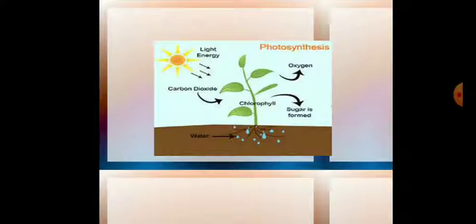The leaf also shows the following adaptations to carry out photosynthesis. First, all green cells have chlorophyll, the photosynthetic pigment, to trap the sun's energy. Otherwise photosynthesis will not take place. Now chlorophyll is contained in the chloroplast.